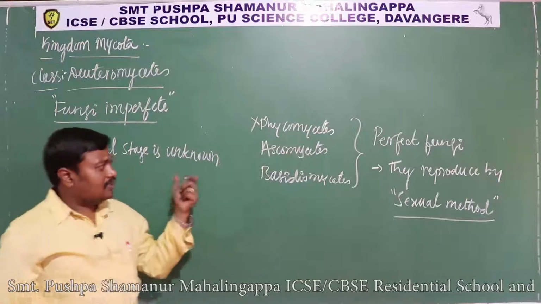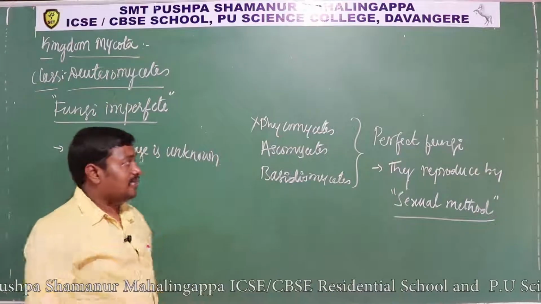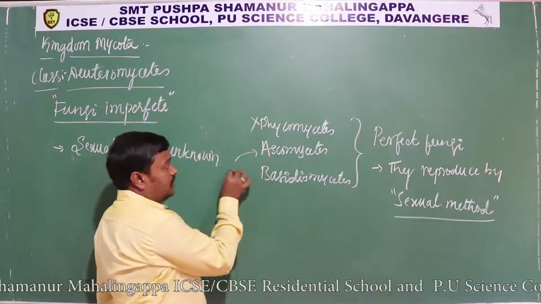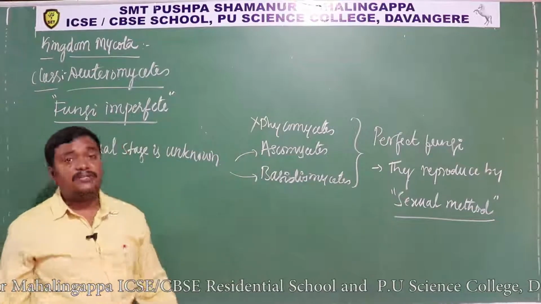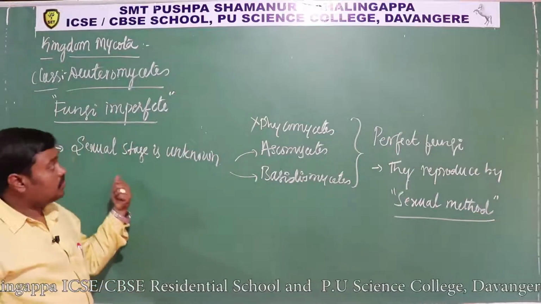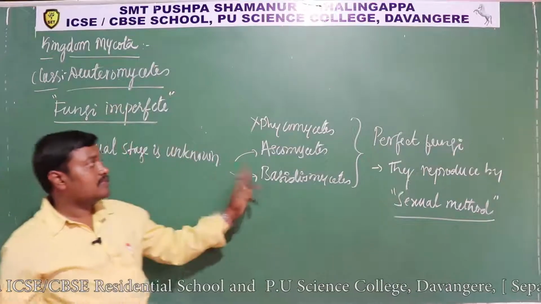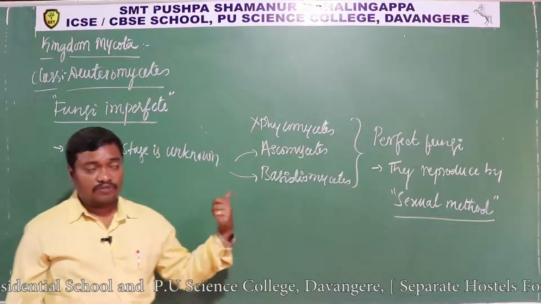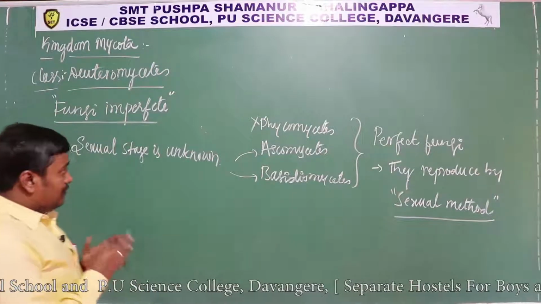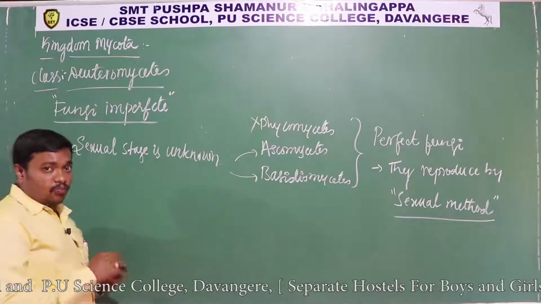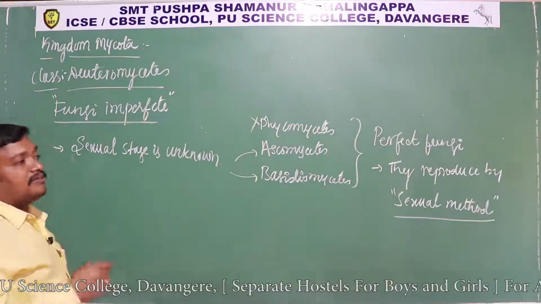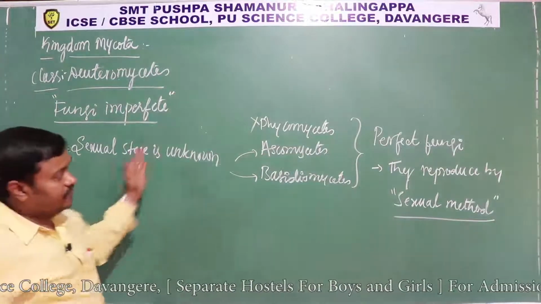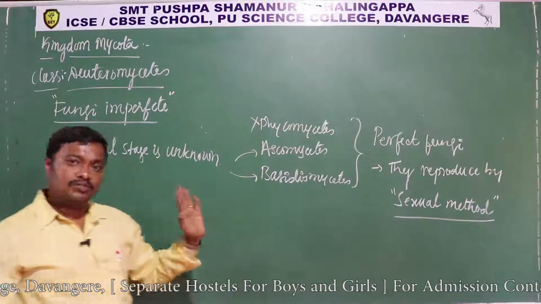Once the lineage is identified, they are shifted either to ascomycete or basidiomycete, depending on whether the sexual stage produces ascospores or basidiospores. Initially they were in deuteromycete.